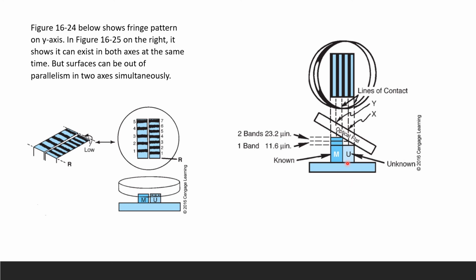Surfaces can be out of parallelism in two axes simultaneously, okay? Meaning we don't have to do x and y one by one, like in this example. We can go both at the same time and measure parallelism, okay? But then it will be a little bit difficult for you to read it. Here is relatively showing you that one is for x and then that one is for y.